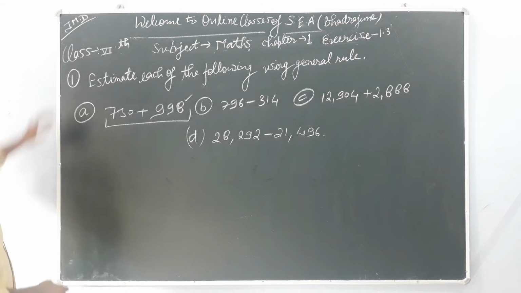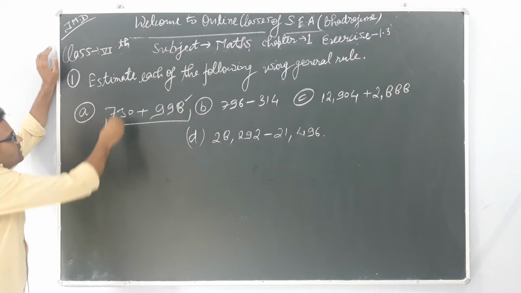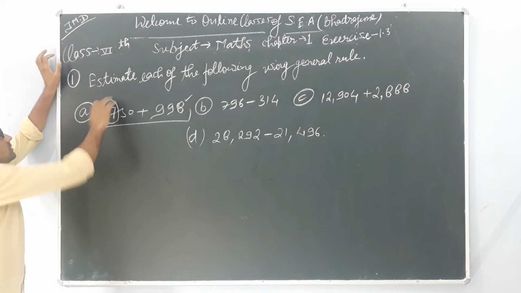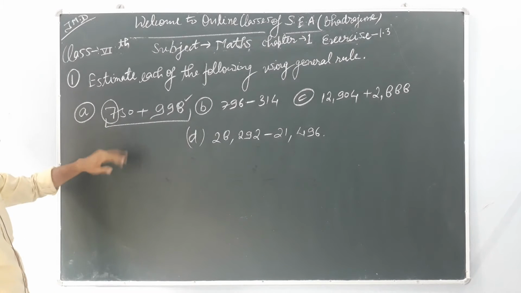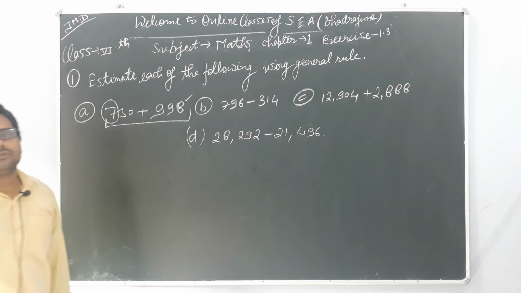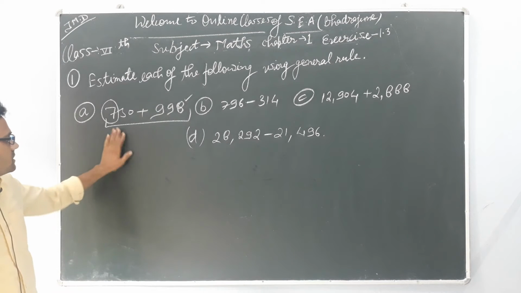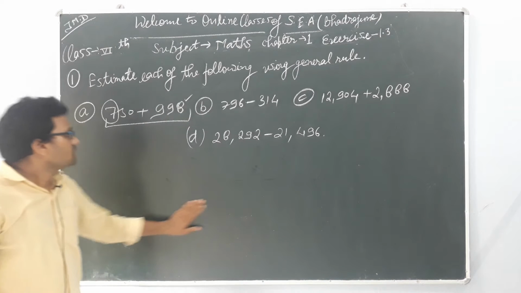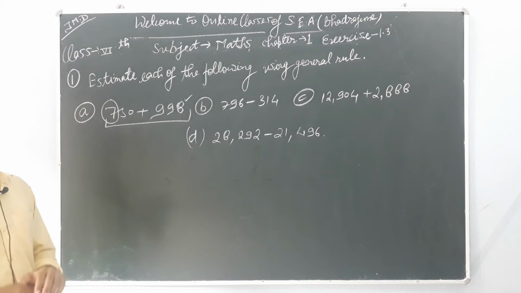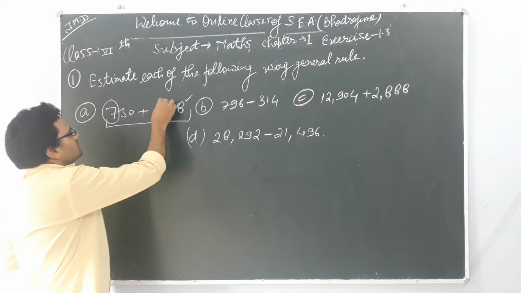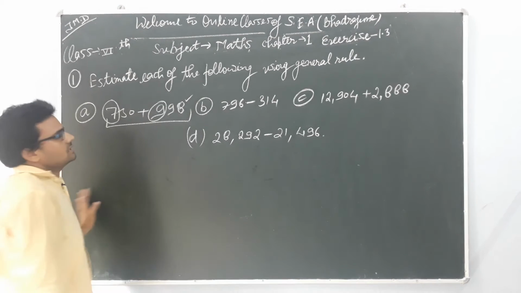So here, if we estimate it, then we will take a value which is 700. Actually this is 730, but we will call it 700, and this one as 900.